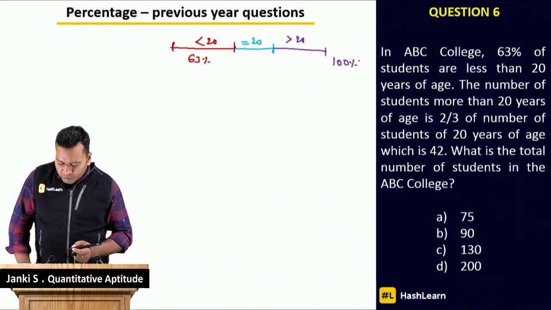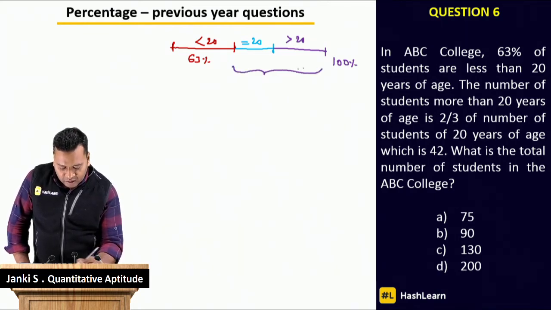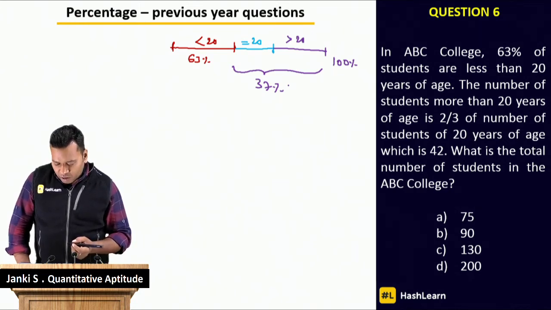So if this is 63%, that means the remaining is 37%, right? So 37% is this part, and the number of students more than 20 years of age is 2/3 of the number of students of 20 years of age, which is 42.